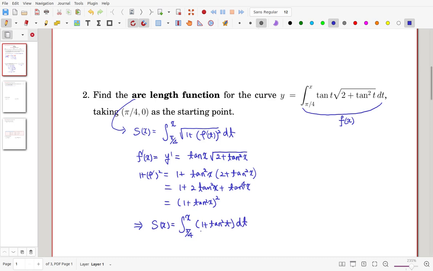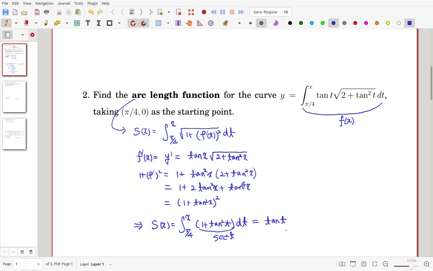By using a trigonometric identity, it becomes sec squared t, and the antiderivative of sec squared is tangent of t.